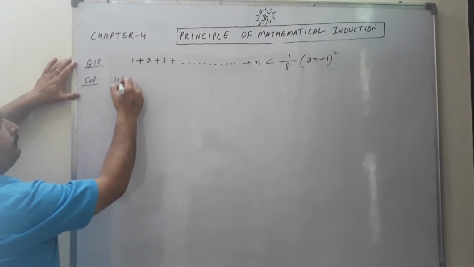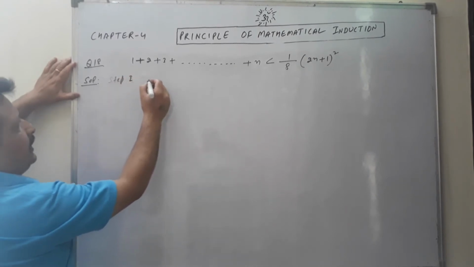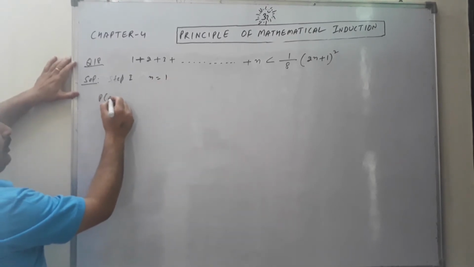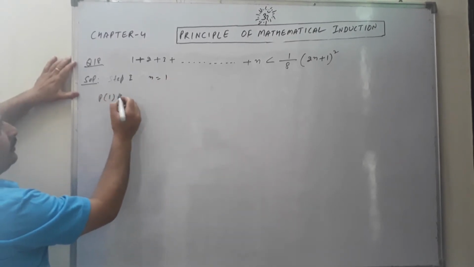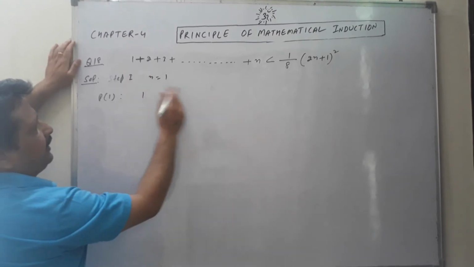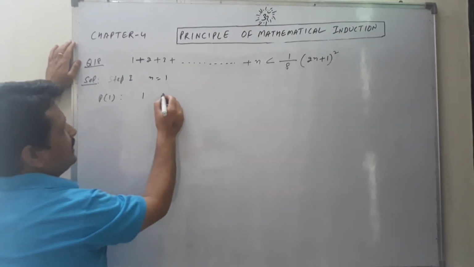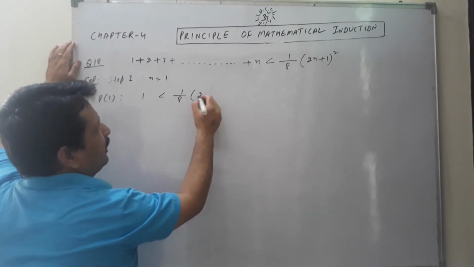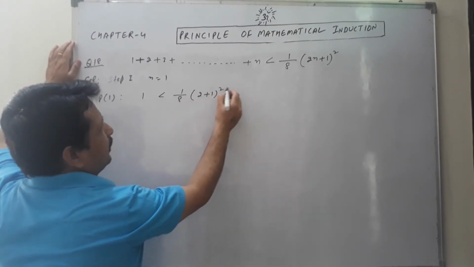Step number 1, that is n equal to 1. So students, P of 1 is 1, which is less than 1 upon 8 into (2 into 1 is 2, plus 1) whole square.